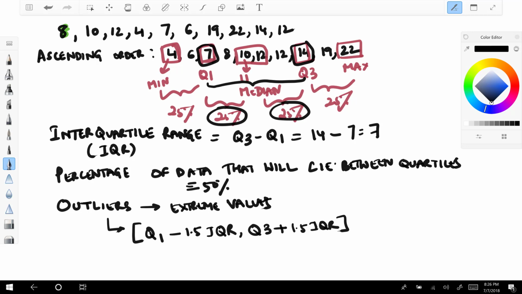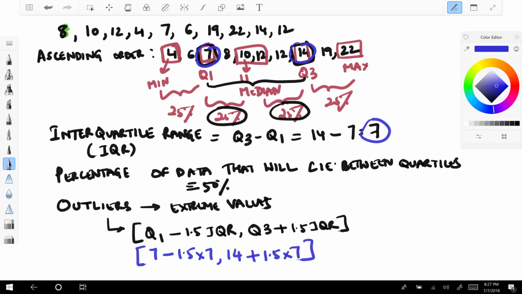So let's calculate. Our Q1 is 7 minus 1.5, IQR is 7, and then Q3 is 14 plus 1.5 IQR, which is 7.